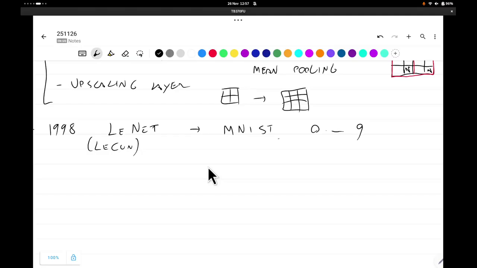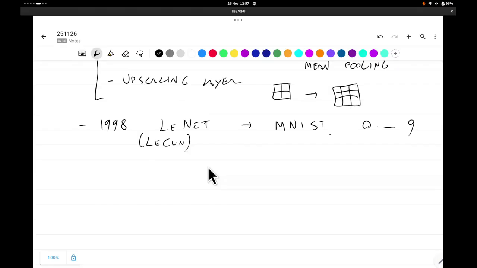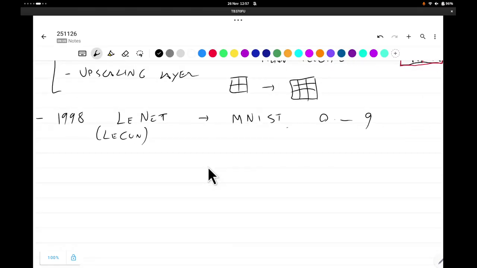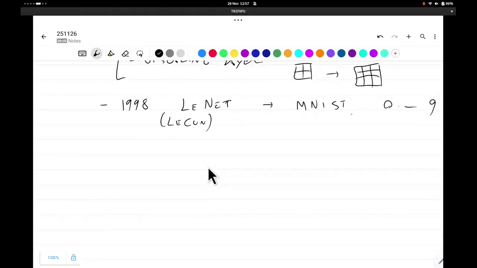The purpose was to try to automate the understanding of zip codes on letters, and people had been doing a lot with networks with some success, but the group of LeCun came with these 3 layers. It was a 3 layer ConvNet.